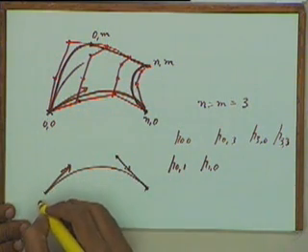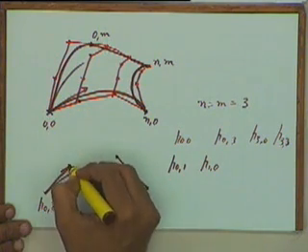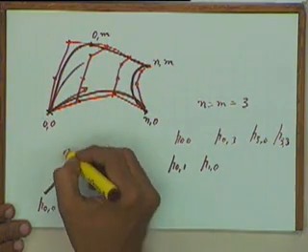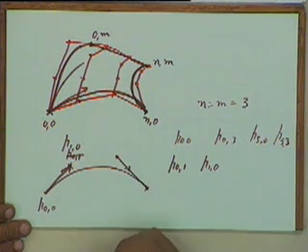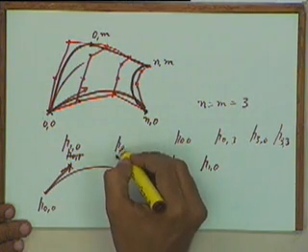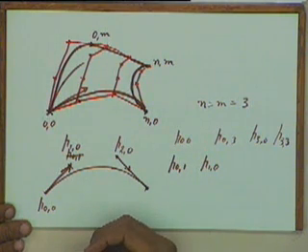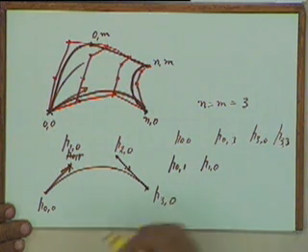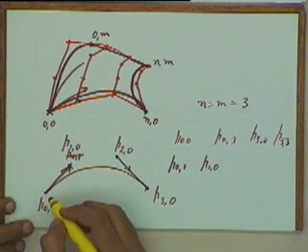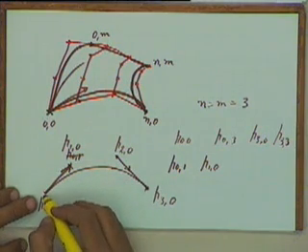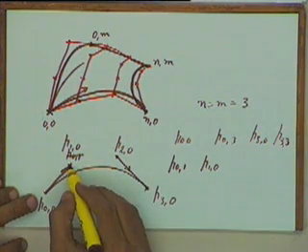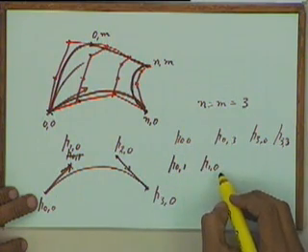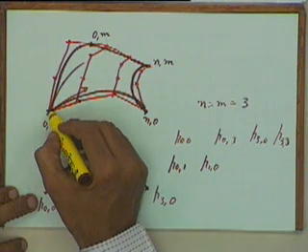This point is P00, and this point that I had made is P10, this is the point P20, and this is the point P30. So in addition to P00, P01 and P10 will be controlling the tangent vectors at this corner point.